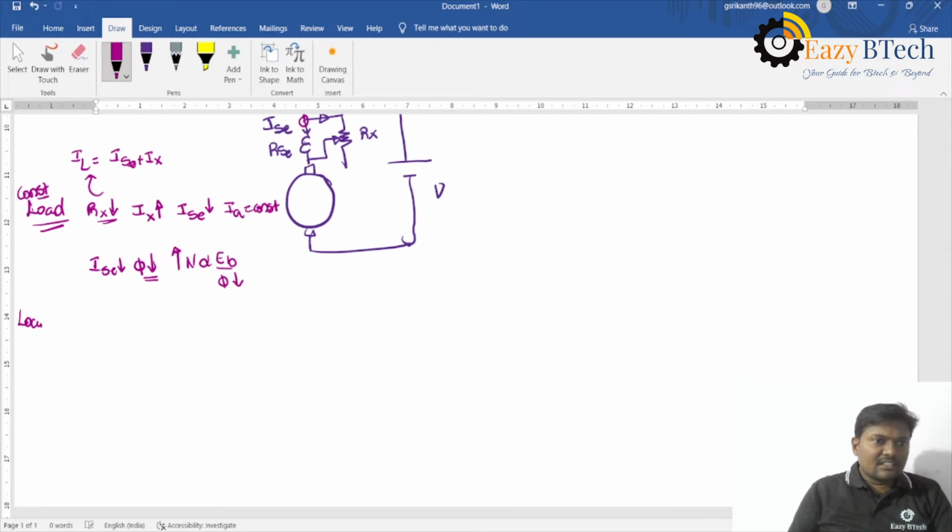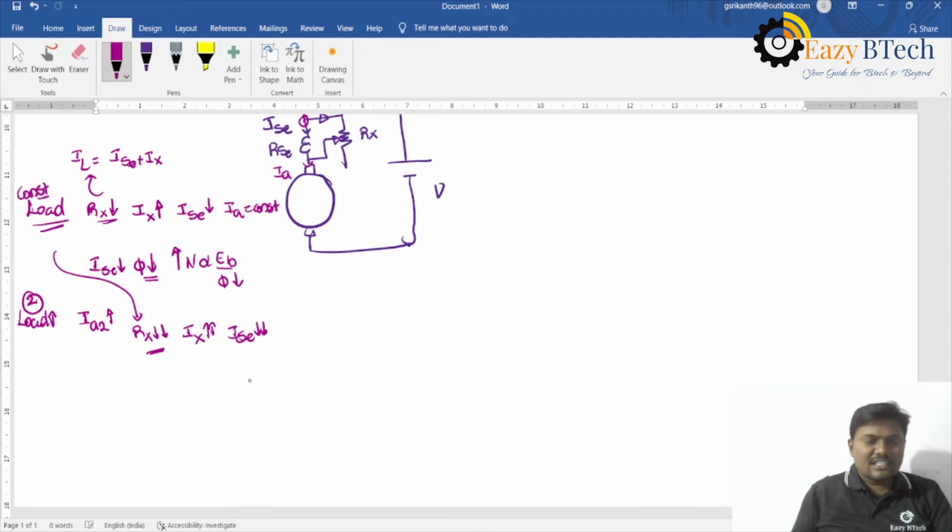As the load increases, at load 2, again the IA2 value increases. IA is the current flowing through the armature. RX value still further decreases, IX further increases, ISC further decreases, in order to keep IA constant.